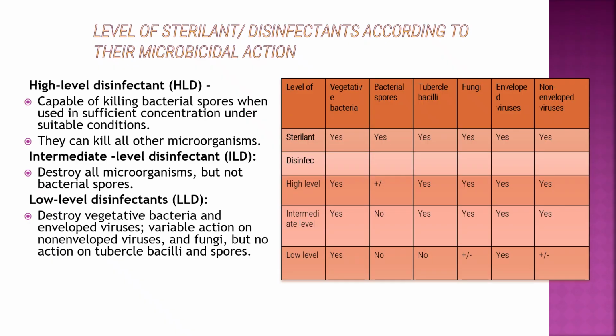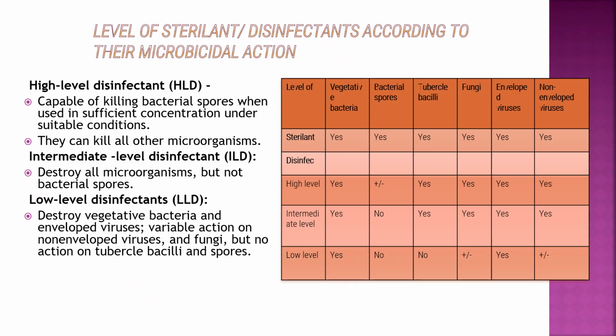Now let's see the level of sterilants or disinfectants according to their microbiological actions. These are the 6 factors for the microbiological actions: vegetative bacteria, bacterial spores, tubercle bacilli, fungi, enveloped viruses and non-enveloped viruses. A sterilant kills all forms of microorganisms.